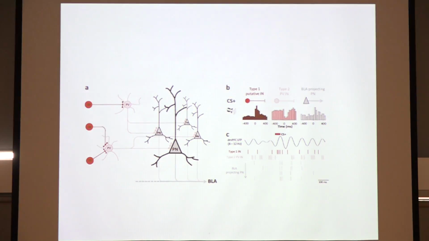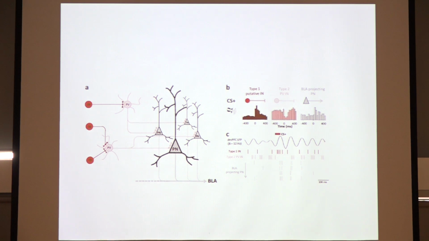So if I put all together the results with this scheme, you have the type 1 interneuron in red that contacts the PV interneurons in pink that control the activity of principal neurons that project to the amygdala. This is the scheme we think we have described, which is the neuronal circuit we have described, and this is the physiology of those neurons. Type 1 are excited during the CS plus associated with high fear state.